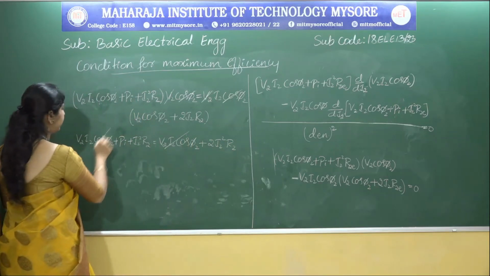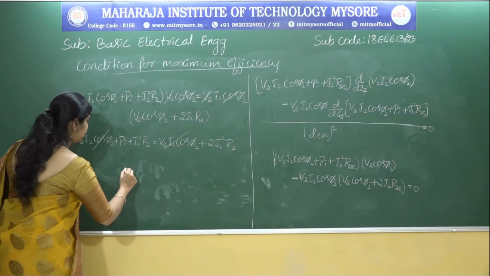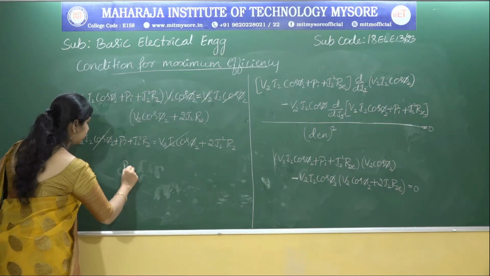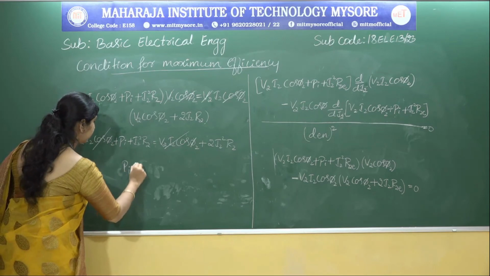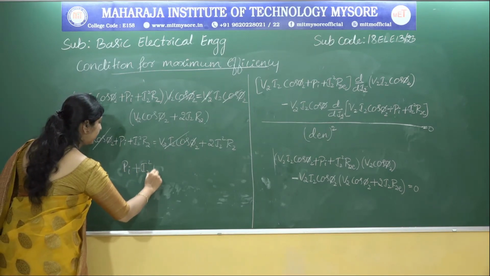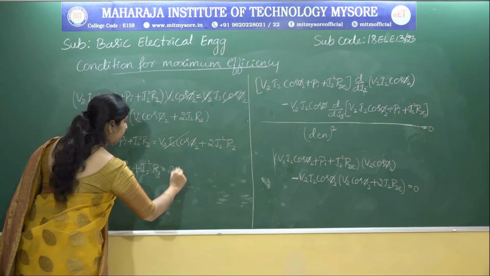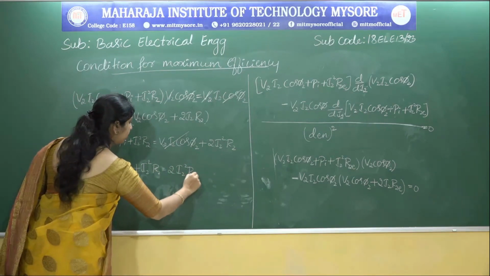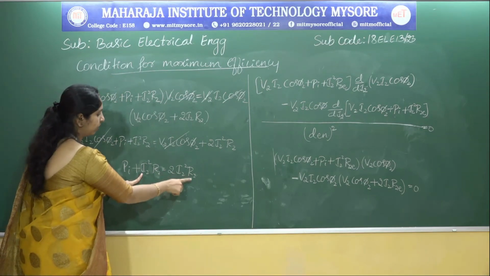So what happens? V2 I2 cos phi 2 gets cancelled. Which part is left out here? We are left with Pi plus I2 square into R2 is equal to 2 into I2 square into R2.